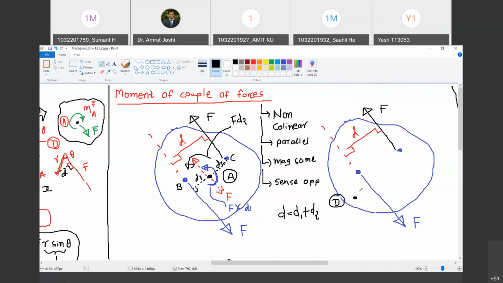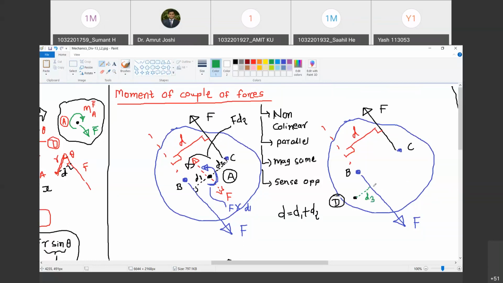What is the effect of these two forces at this point? Sir, anti-clockwise. Wait. Let us do it systematically, at least for the first time. So this is point B, this is point C. Now, force acting at B, what is its effect at point D? So first of all, I need to drop perpendicular from D on lines of actions of these two forces. I am going to call this distance as D3.